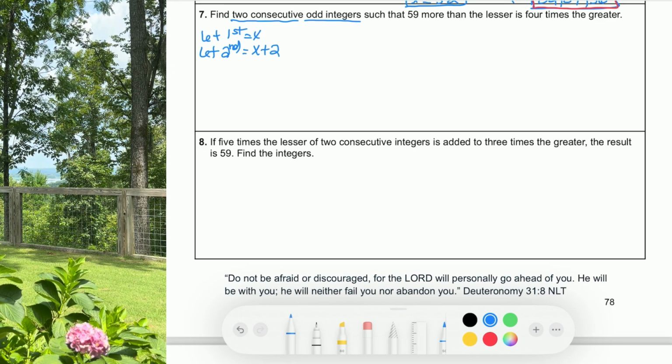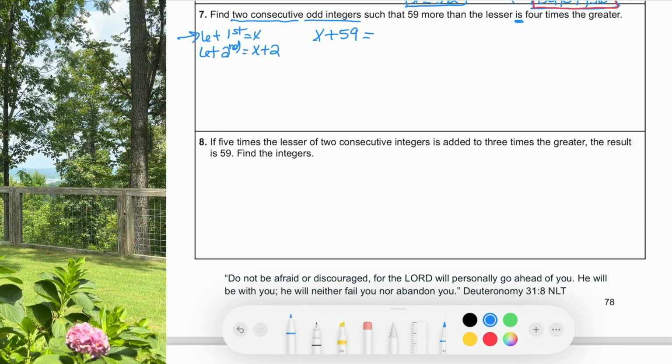So it says find 2 consecutive odd integers such that 59 more than the lesser. Okay, so remember the x is always our lesser number because when we count in order, we count up, right? So they're saying 59 more than the lesser, so x plus 59.